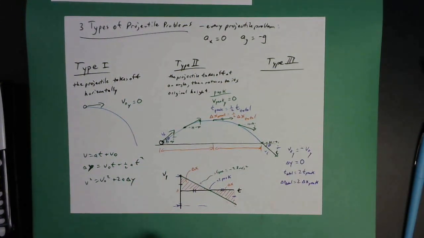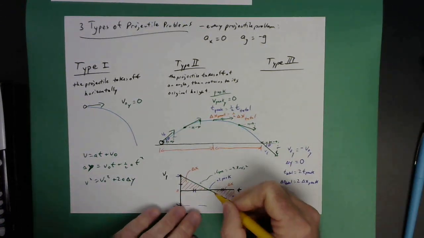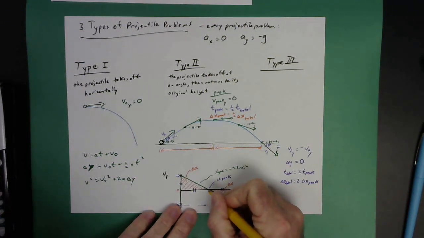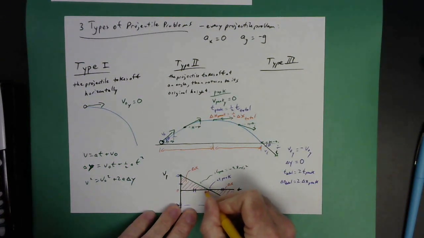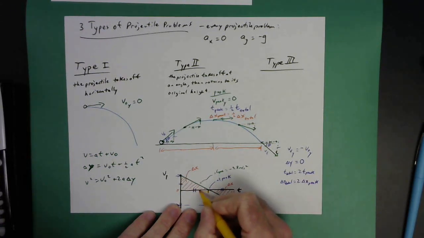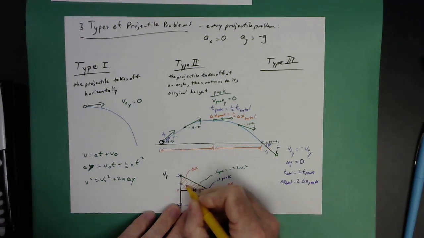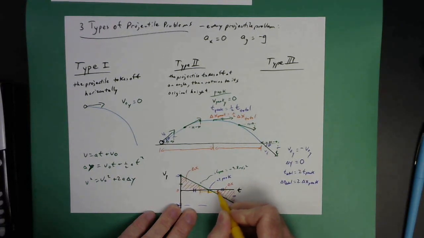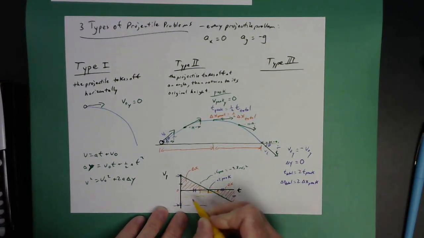Okay, one more thing, and this is neat. If I were to go from the peak and go back some amount of time, and just look at what my velocity is there, right? And I were to go that same length of time forward here, and then measure what that velocity is there.